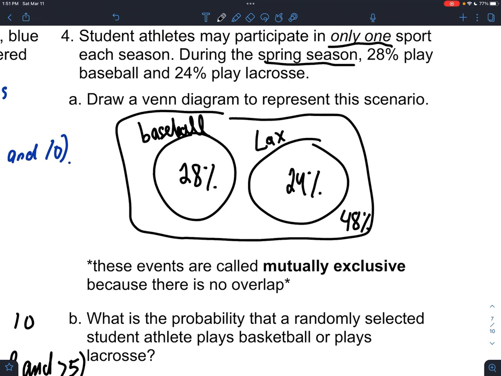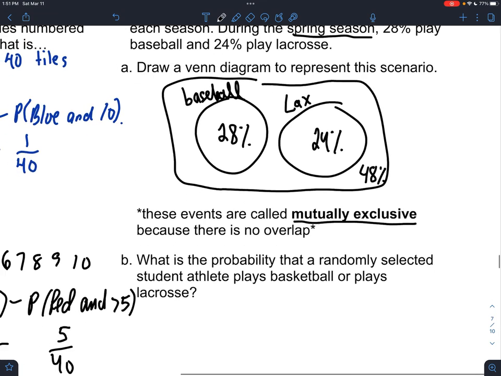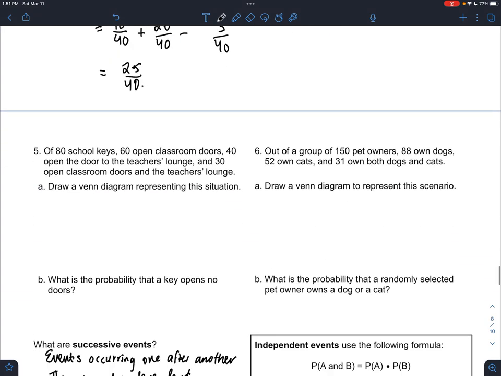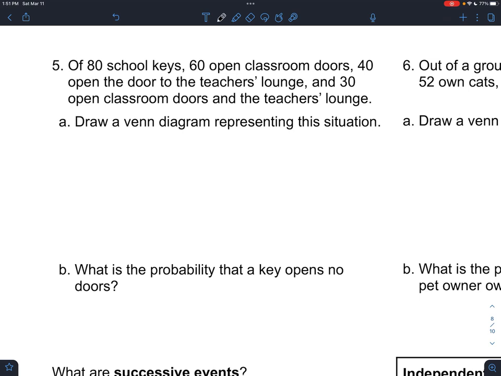That means that left over, that's 52 in total. So there's 48% of students that aren't in either of those. Okay. The word mutually exclusive means that there's no overlap between them because at this school you can't play both sports. So what's the probability that if you pick someone at random that they play one of the sports? That would just be 52%.